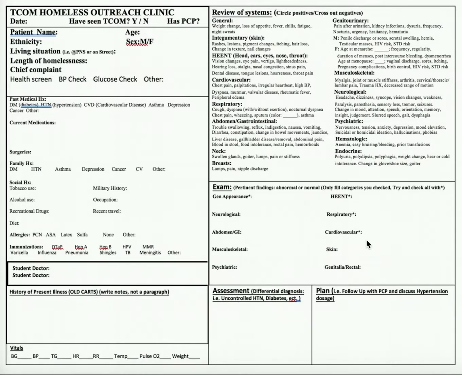So then that's fine. But we really expect you to get to listen to their lungs and to their heart as well. You can also conduct any of the other examinations if they're relevant to the information that your patient provided, either through the review of systems or the chief complaint, or something that came up during the encounter.